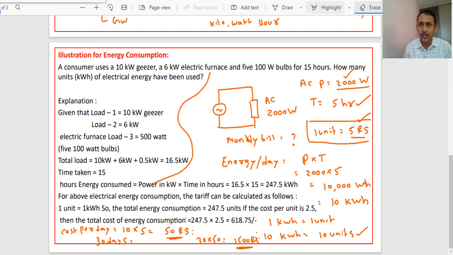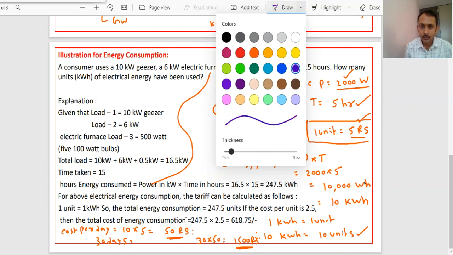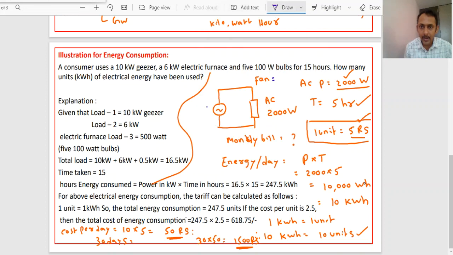in the place of the AC, for example, if you are having a fan, but the fan rating is 100 watts, and daily you are using the fan for 10 hours.